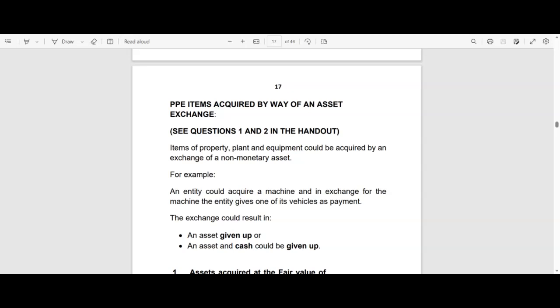So, ladies and gentlemen, what we need to do if we are going to de-recognize the old asset, let me ask a few questions. The old asset, the old motor vehicle, the one that we're going to use as a trade-in. Its cost, will that be on the debit side of the vehicle's cost account or on the credit side?